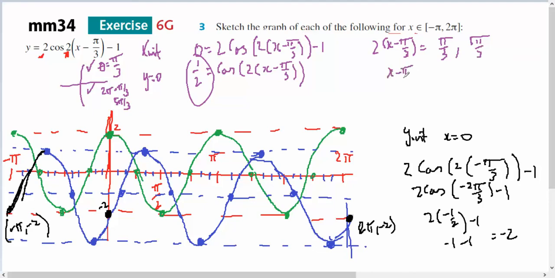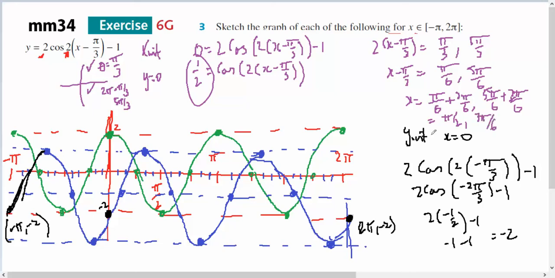X minus pi on 3 equals pi on 6, or 5 pi on 6. X equals pi on 6 plus 2 pi on 6, or 5 pi on 6 plus 2 pi on 6. So that's 3 pi on 6, which is pi on 2, or 7 pi on 6.